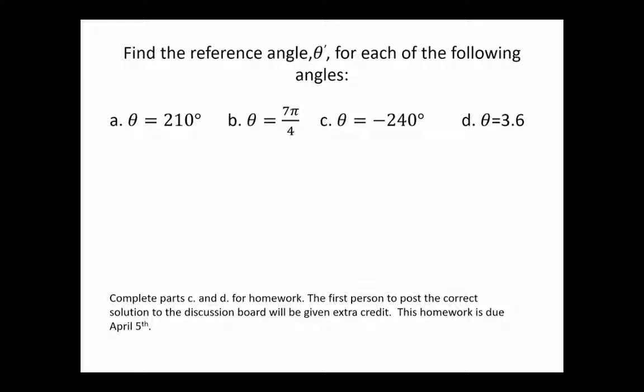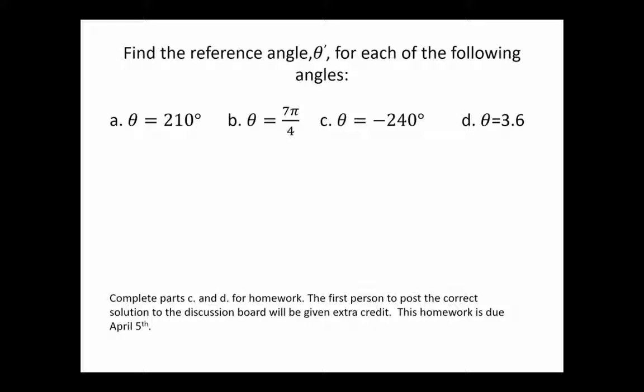Because 7 pi over 4 is between 3 pi over 2, which is 6 pi over 4, and 2 pi, 7 pi over 4 lies in the fourth quadrant.